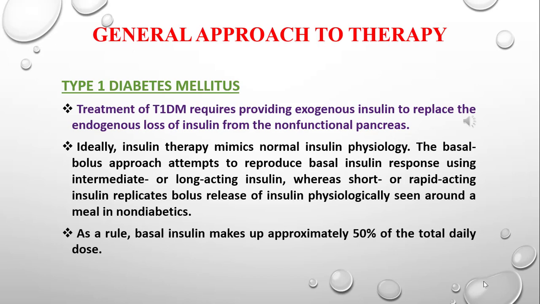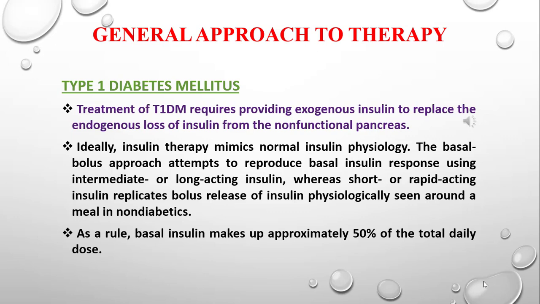First we will discuss the general approach for type 1 diabetes mellitus. In type 1 diabetes, the body requires exogenous insulin to replace the normal insulin function because the pancreas of the body is non-functional, and insulin works to decrease the glucose level in the body. Ideally, insulin therapy mimics normal insulin physiology.